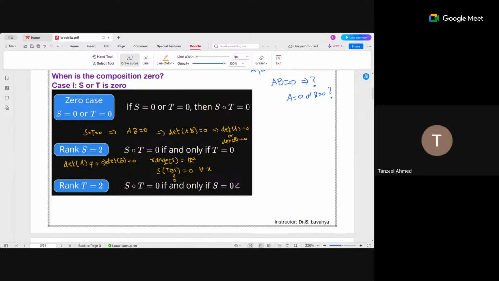If T of X is 0 for all X in R2, then that means the entire R2 is in the null space of T. Exactly. So it means that your T is actually the zero transformation. It takes every vector to 0. The notation is T equal to 0.